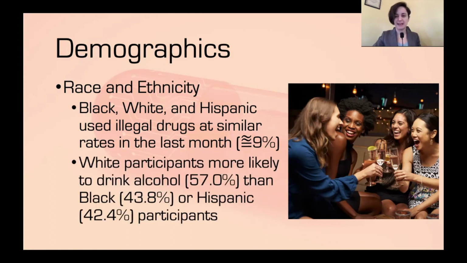If we look at legal drug use, alcohol was most popular among white American participants, and then Black American participants, and then Hispanic American participants. So in general, the picture that emerges is that there aren't huge differences by ethnicity in illegal drug use, and that legal drug use is somewhat more popular among white Americans.